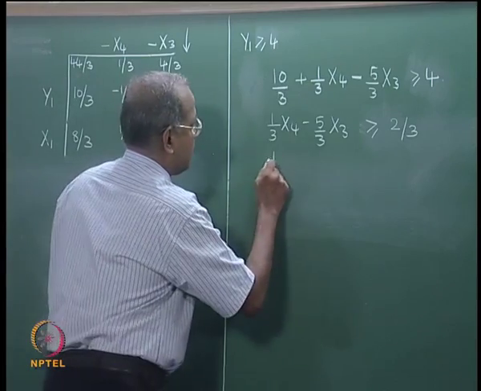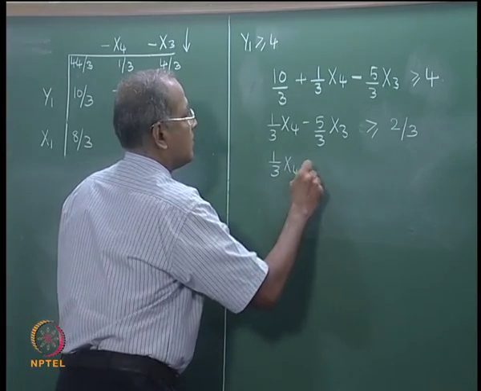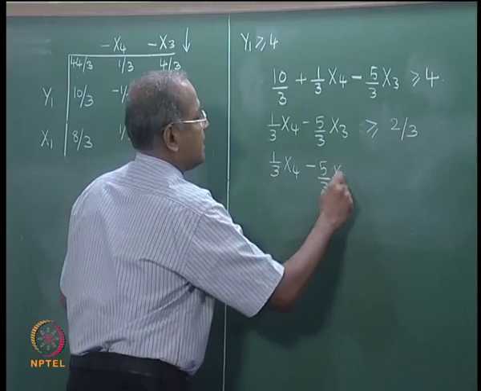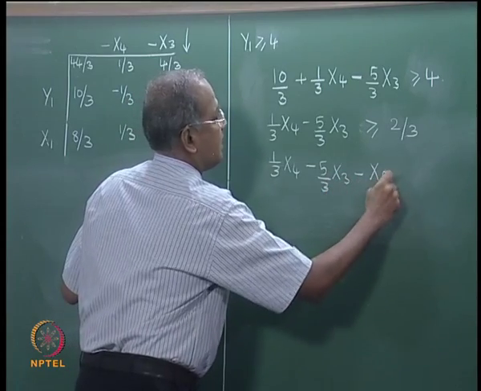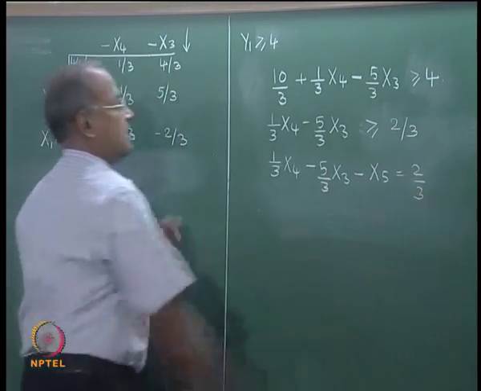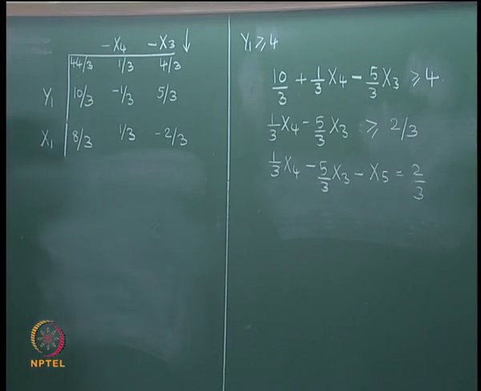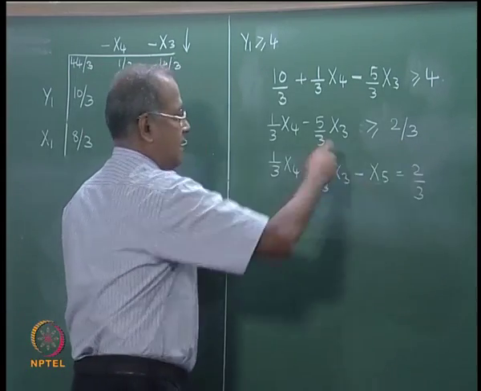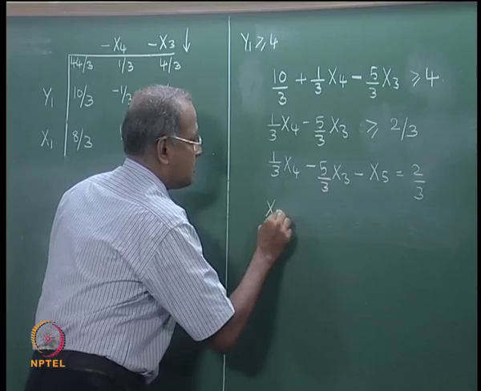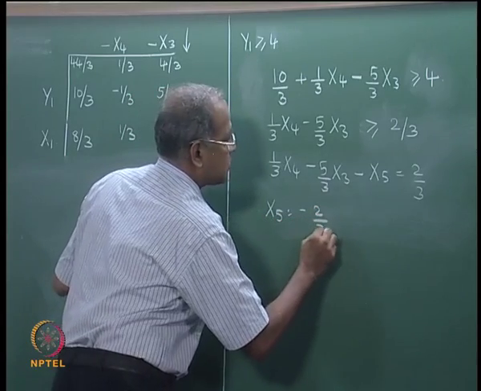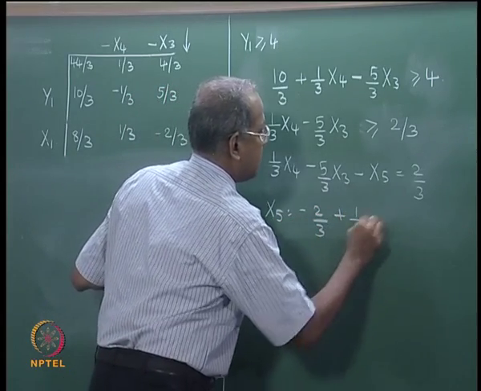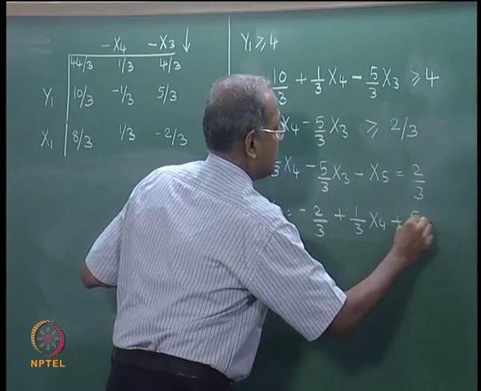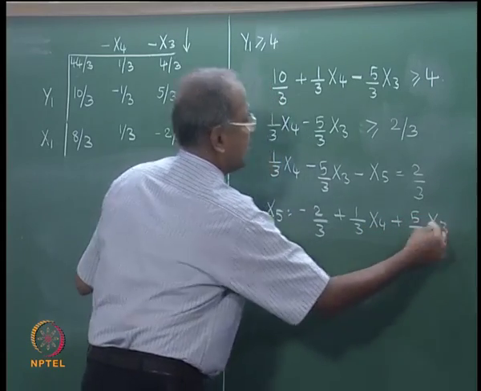So, 1 by 3 x4 minus 5 by 3 x3 minus x5 is equal to 2 by 3, and then you take x5 to one side, the others to the other side. So, this gives us x5 equal to minus 2 by 3 plus 1 by 3 x4 plus 5 by 3 x3.